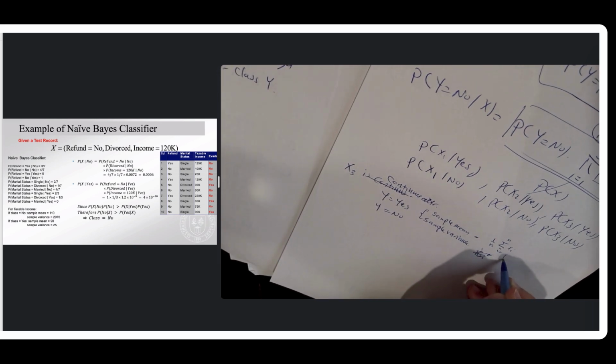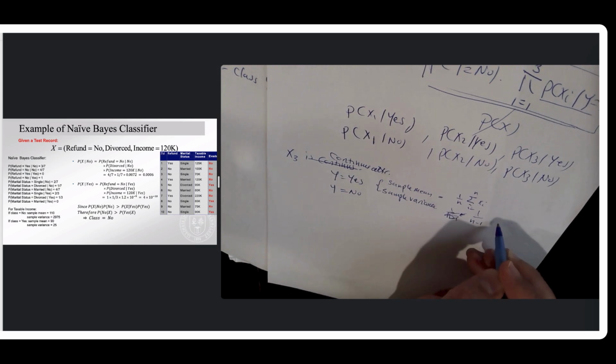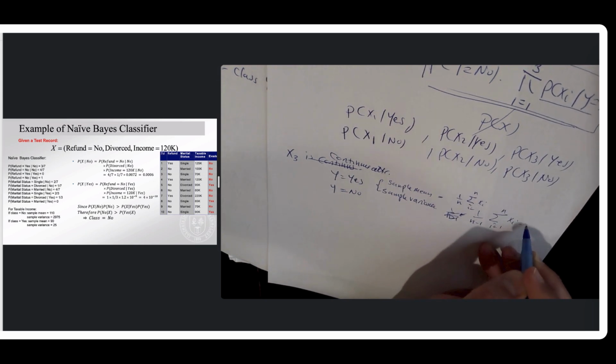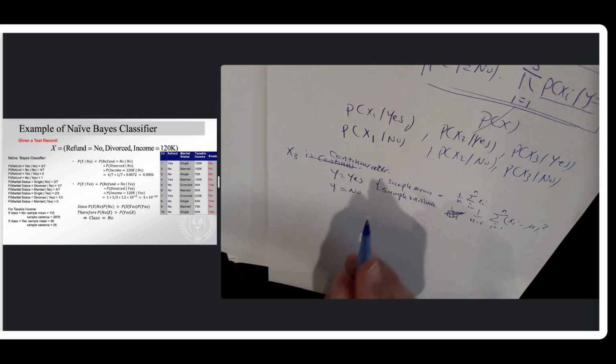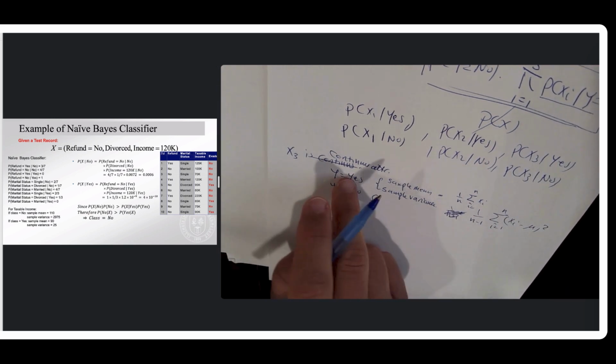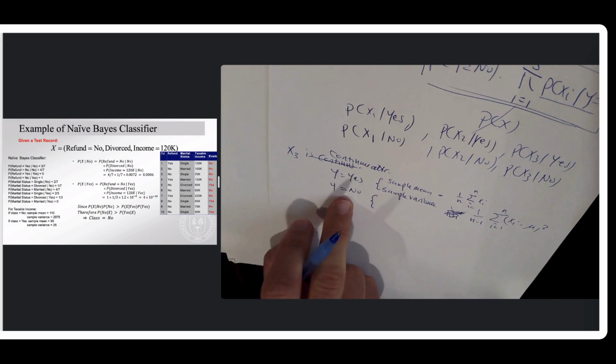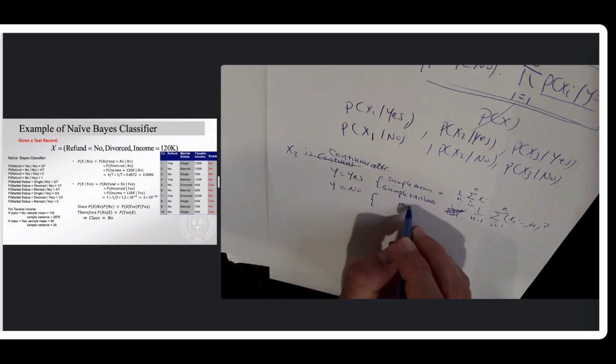I'm going to use the sample variance, not the standard deviation. It's going to be 1 over n minus 1 times the summation i equal 1 to n of xi minus mu, squared. And you have to do this for the value of y equal no. The same thing, you have the sample mean and the variance.